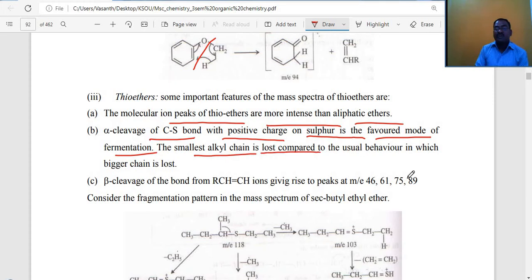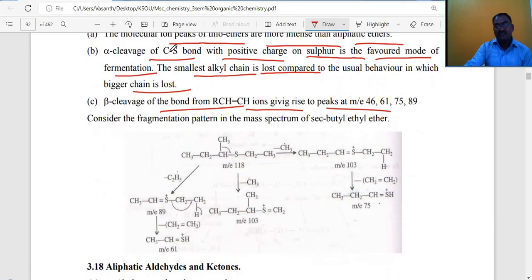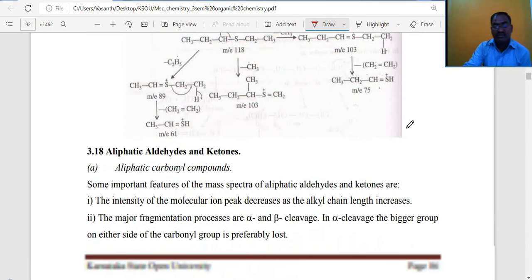The smallest alkyl chain is lost, compared to the usual behavior where the bigger chain is lost. The beta cleavage of the C-H bond gives rise to peaks at 46, 61, 75, 89, etc. This is the fragmentation pattern of the mass spectrum of secondary butyl ethyl ether.